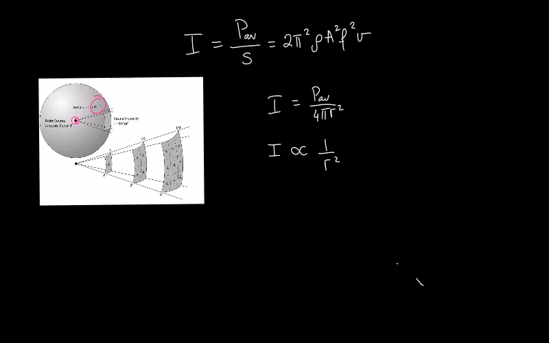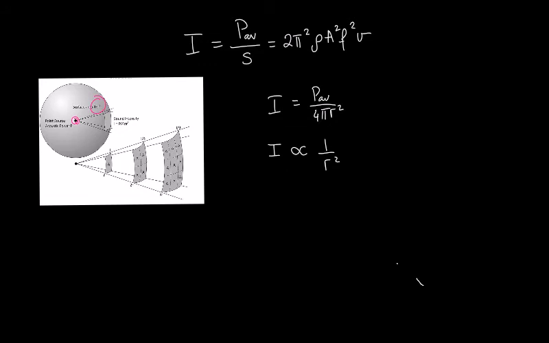So let's consider different radii. In this picture, we have a distance from the point source with the radius r, and then you double the distance, which means the sphere is 2 times larger in radius.